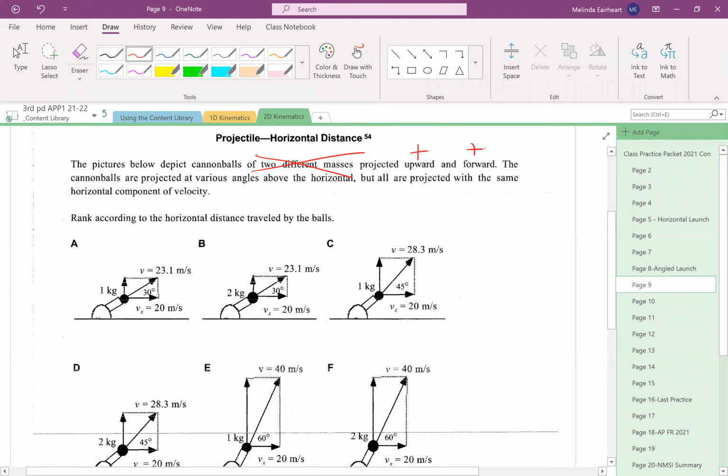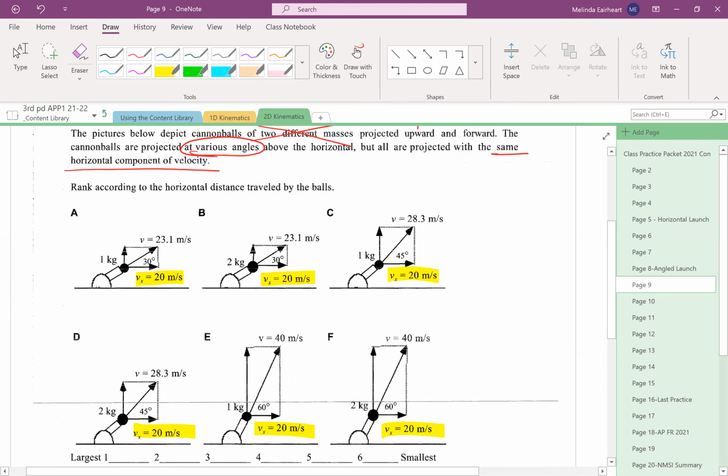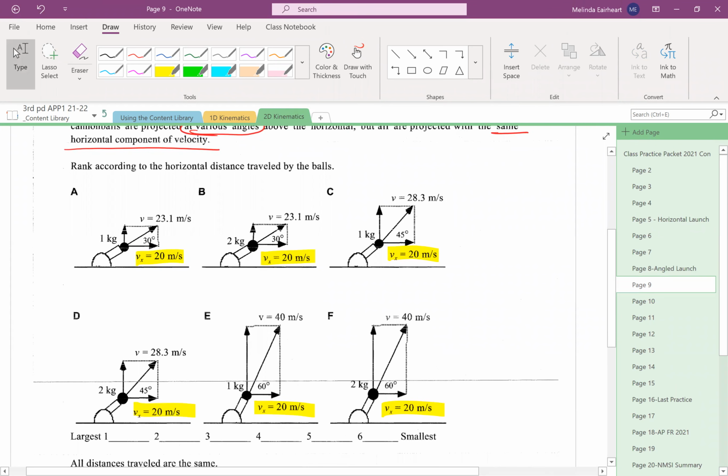The cannonballs are projected at various angles above the horizontal, but all are projected with the same horizontal component of the velocity. And they actually show you those, 20, 20, 20, 20, 20, 20, right? So they've all got the same horizontal, but notice they're at different angles.